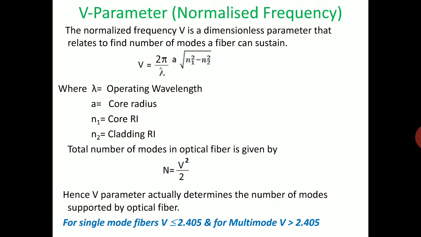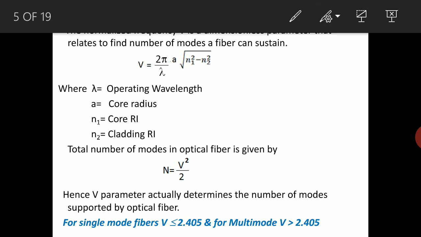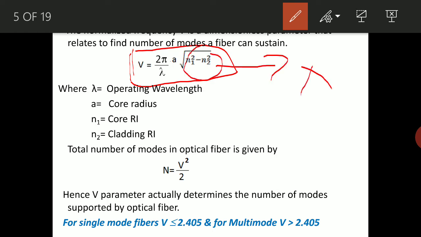This is given by an equation: V is equal to 2 pi by lambda, a, into square root of n1 square minus n2 square. This square root of n1 square minus n2 square is, as we are already aware, nothing but the numerical aperture. So instead of the square root, we can write the numerical aperture. It is also acceptable.